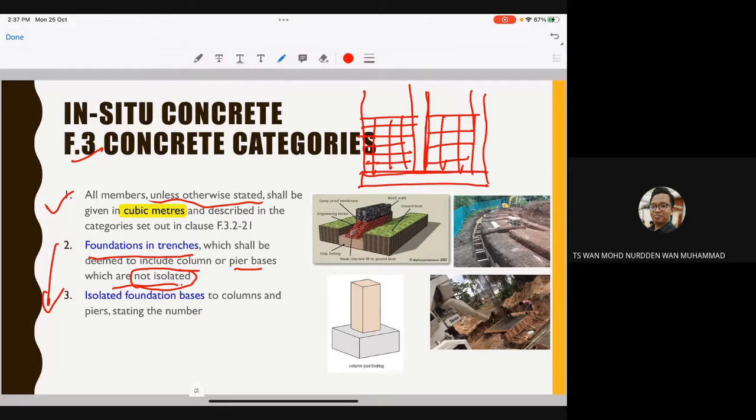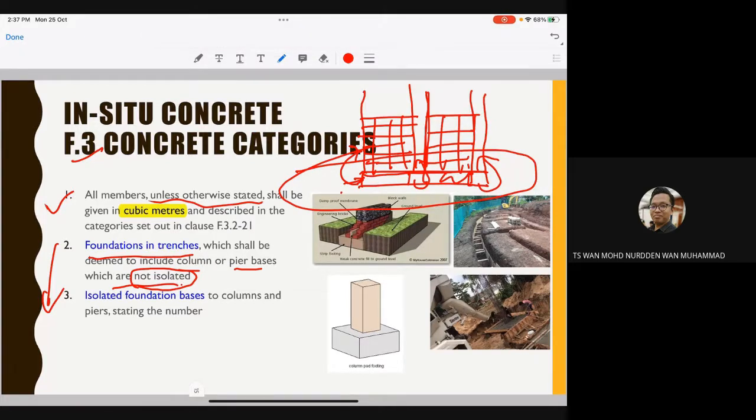Kita tak adalah pecah yang ni untuk sheet foundation ataupun foundation in trenches untuk wall, yang ni foundation in trenches untuk column, yang ni foundation in trenches untuk pier ataupun column. So kawasan ni kita hasilkan. So kalau situasi macam ni, we can measure all together macam tu.